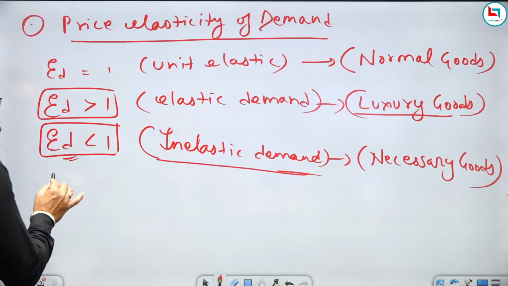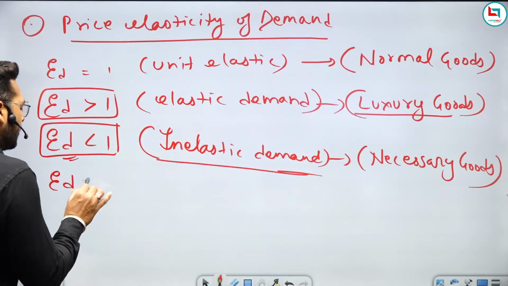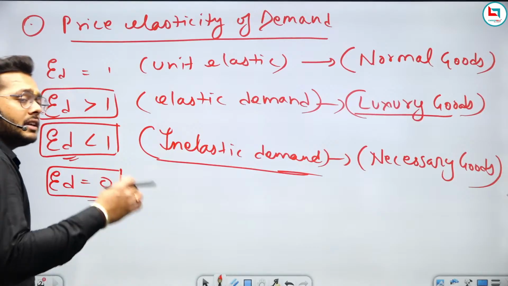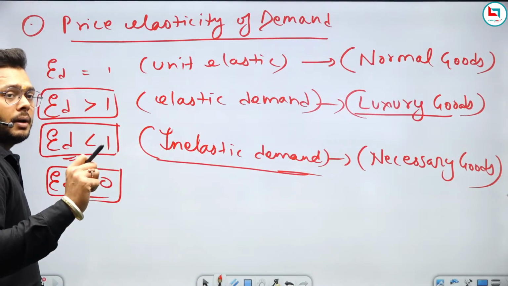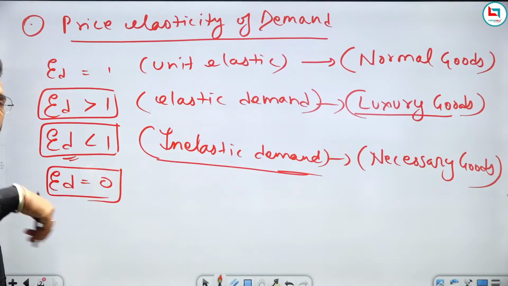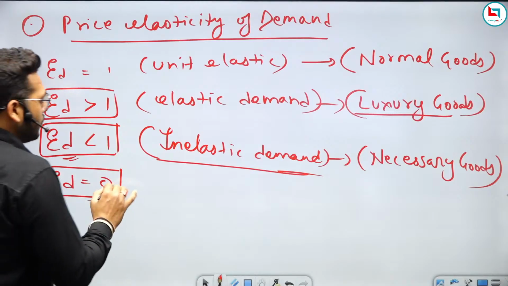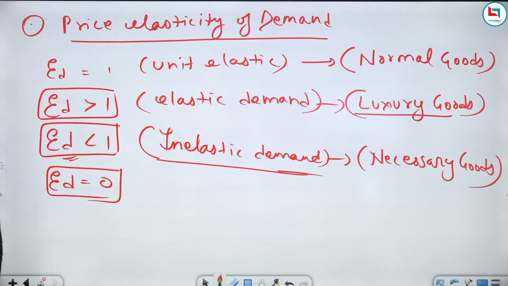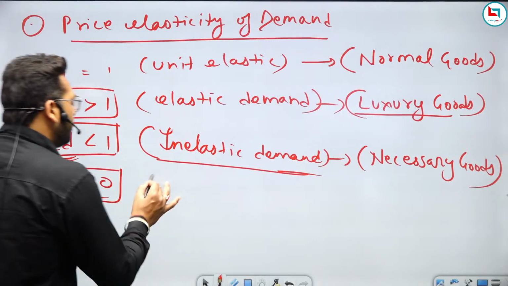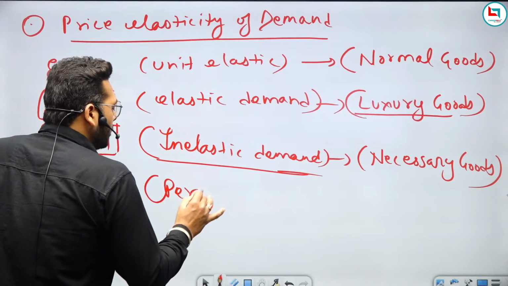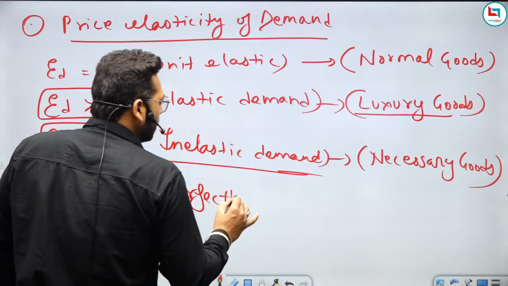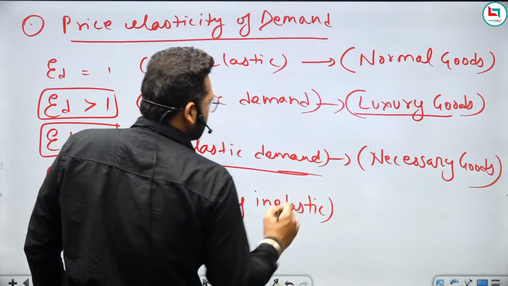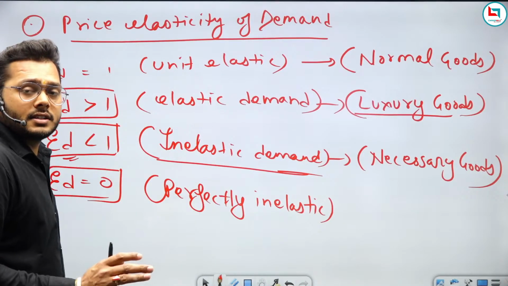Now the last one is what? When ED is 0, it means what? Demand doesn't change. ED is equal to 0. That is perfectly inelastic, right?